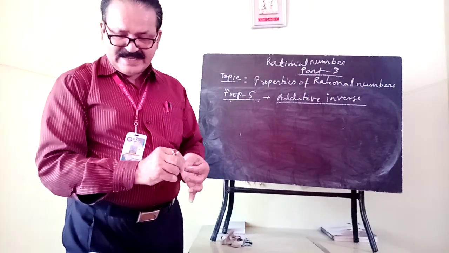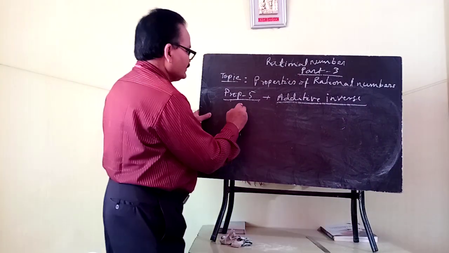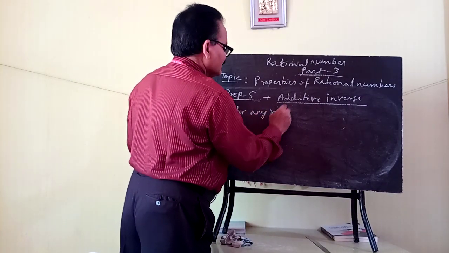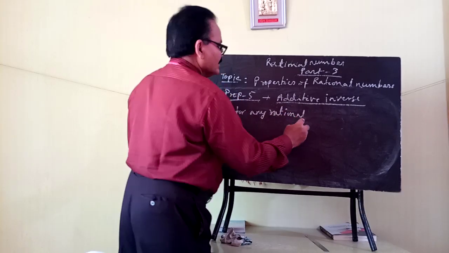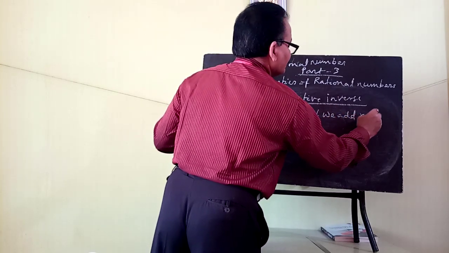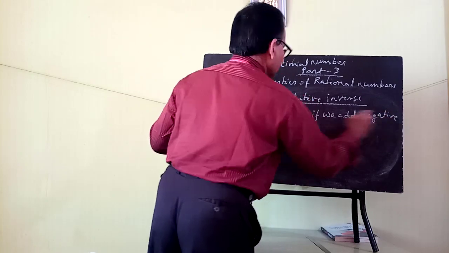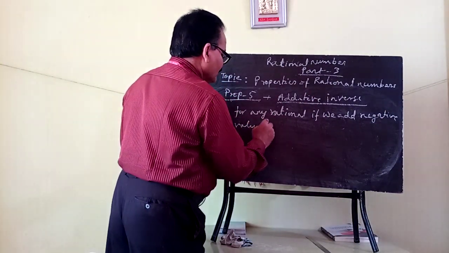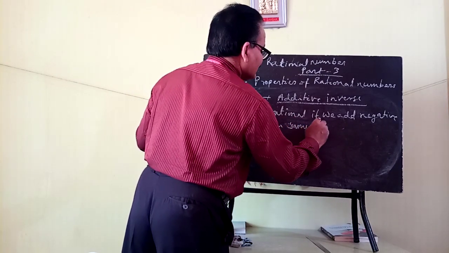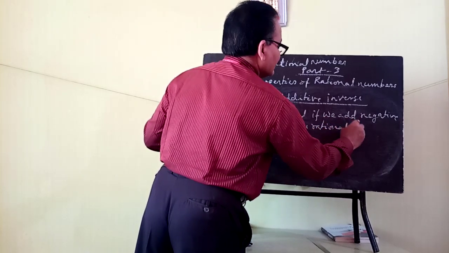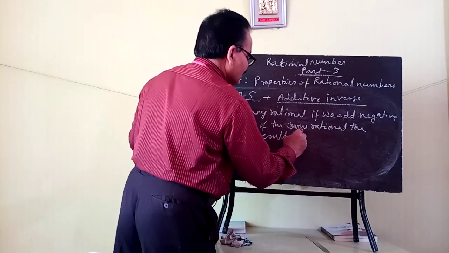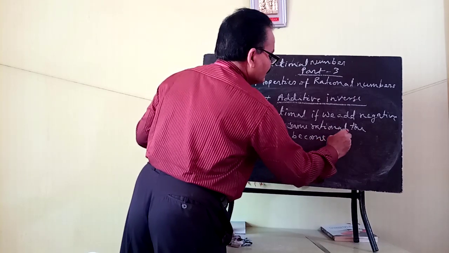Additive inverse means for any rational number, if we add the negative value of the same rational, then the result becomes 0.